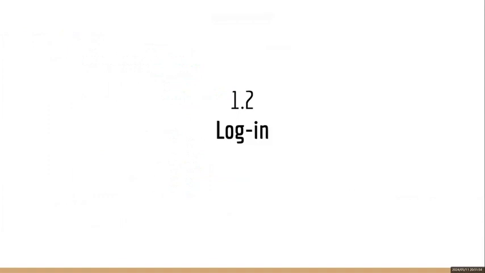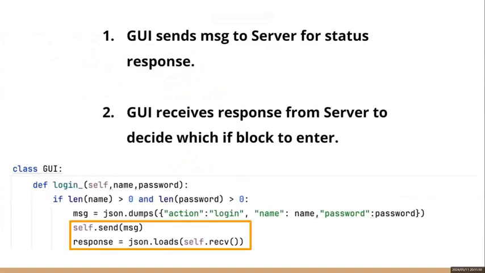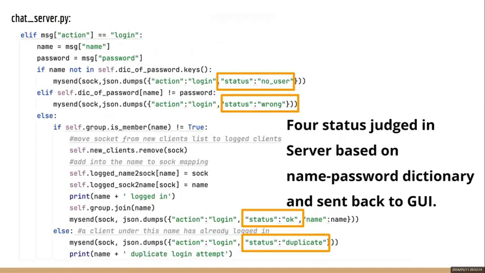So the second part is about the login. Quite similar, the GUI sends the message to the server for status response, including the action login, name, and password. And then the GUI will receive a response from the server to decide which if block to enter or which scenario it is. So there are in total 4 scenarios: no user, wrong password, okay, and duplicate.